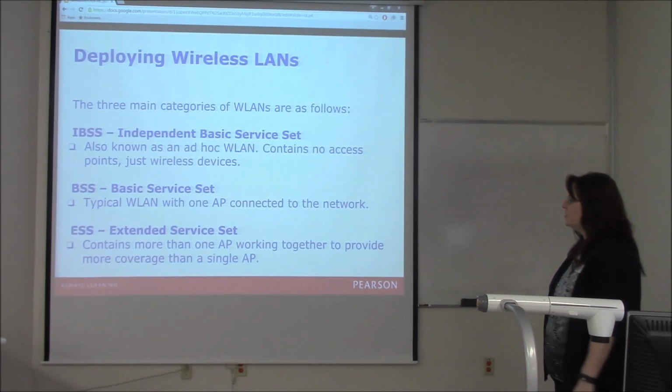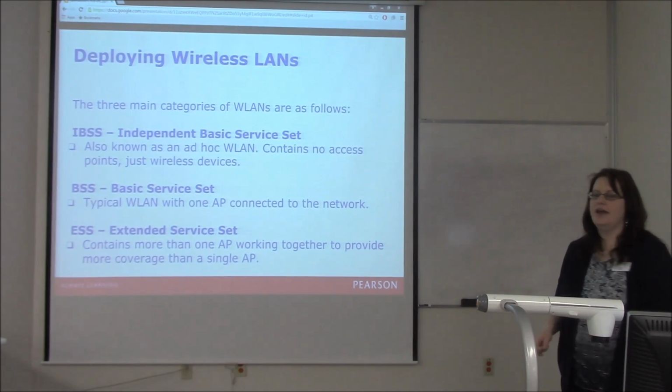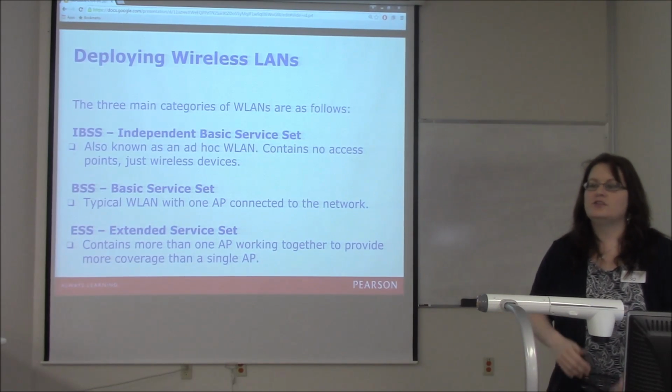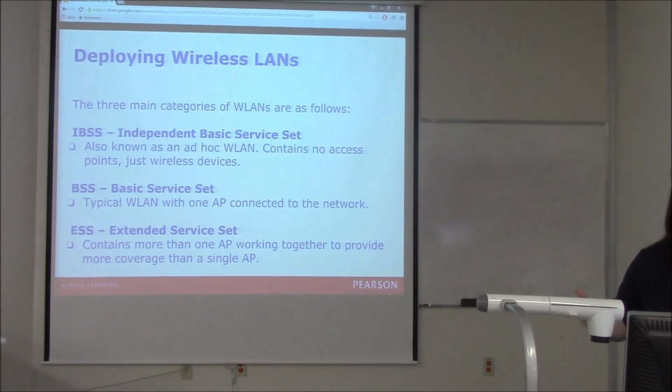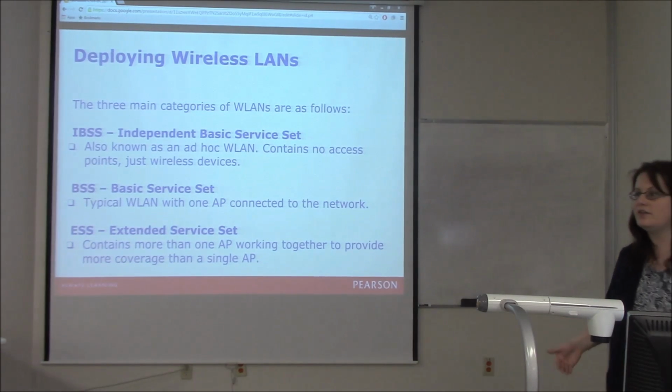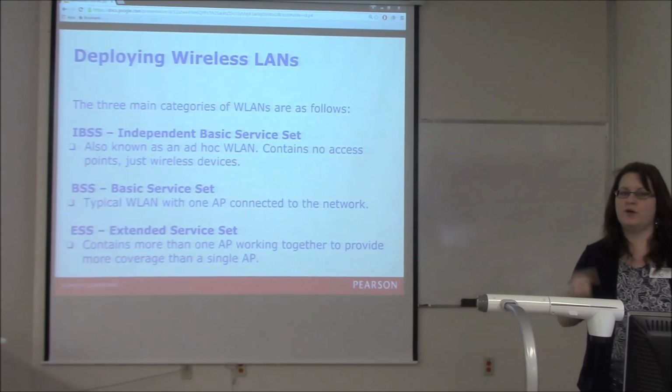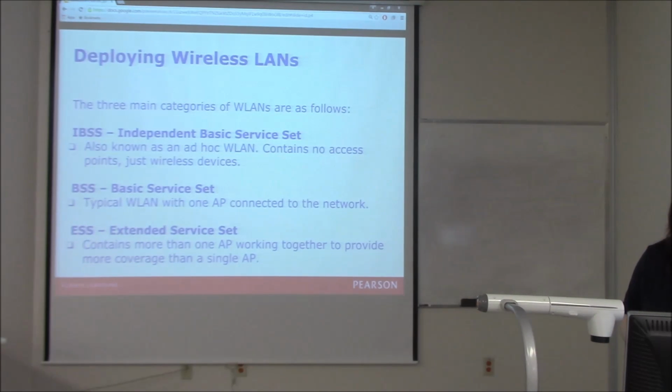The extended service set is more than one access point that works together to provide more coverage. So whichever one you're going to need depends on the size of the building that you're trying to put wireless in, or the area you're trying to put wireless in, whether you need one access point or more than one access point.